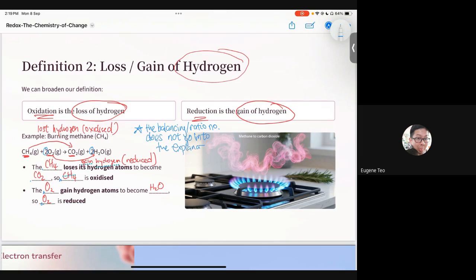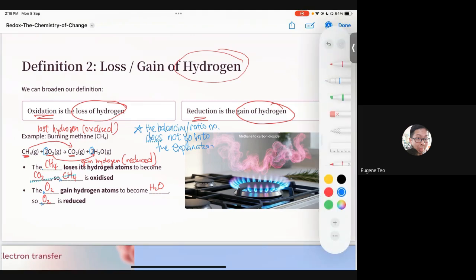Okay, this is a very common mistake many students will always make. They will always write down the balancing number in, then they actually get it wrong already. So I show you what they write. I'm going to use green, which is wrong. So what they wrote here is 2O2 become 2H2O, so 2O2 is reduced. This 2 is wrong.